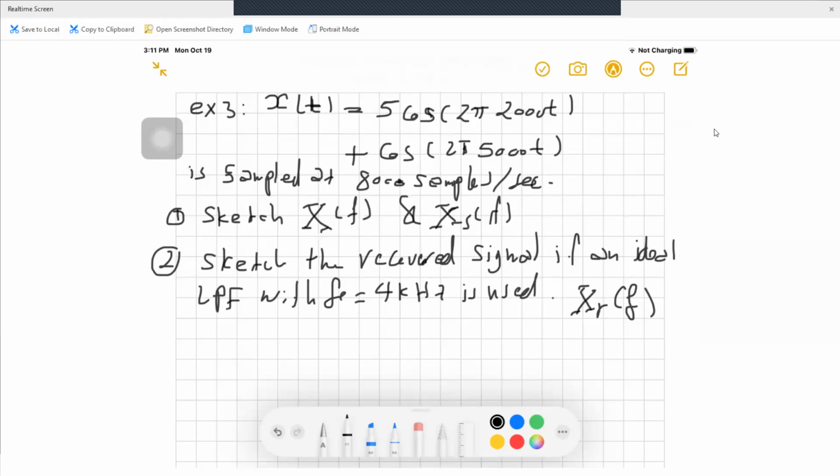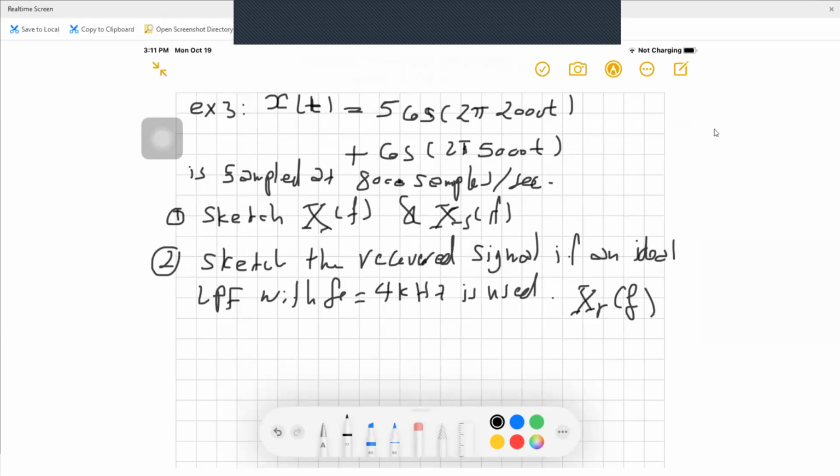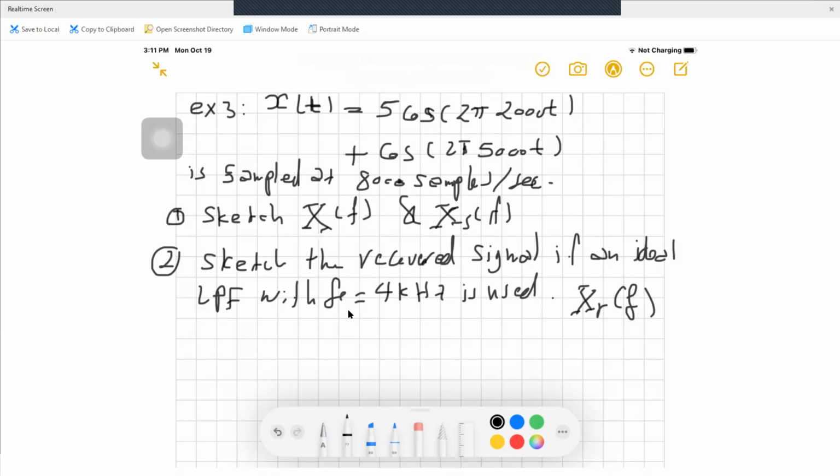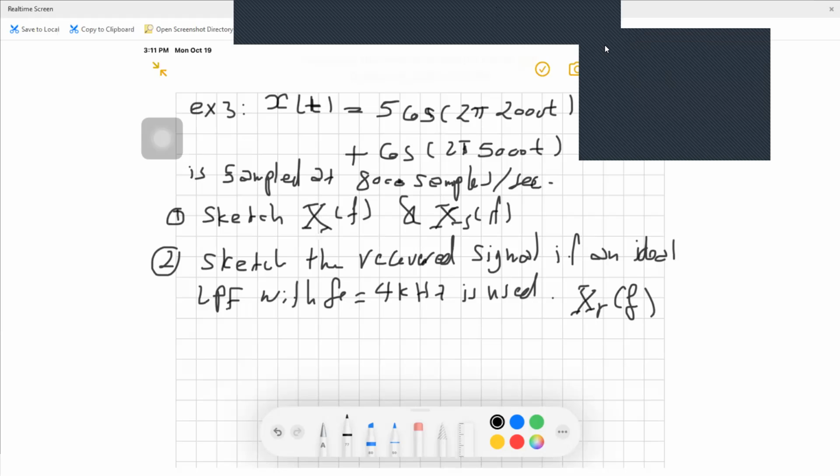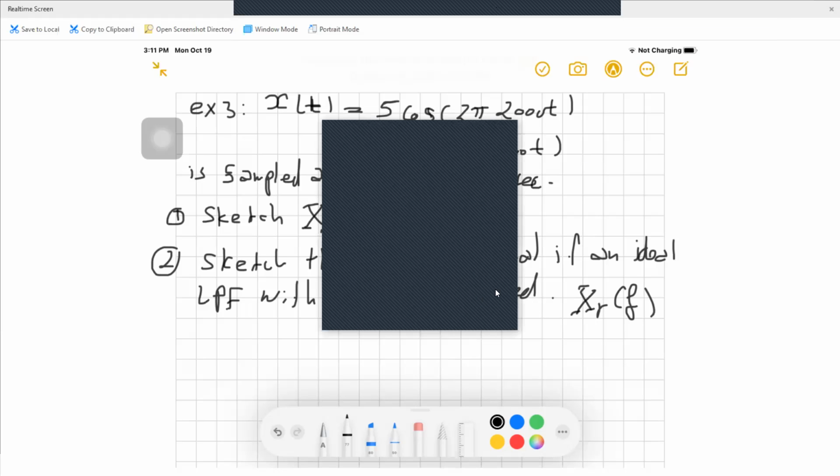Sketch X of F and XS of F, I mean spectrum of the original signal and the spectrum of the sampled signal. Second requirement is what? Sketch the recovered signal if an ideal low-pass filter with cutoff frequency FC equals to 4 kilohertz is used. Okay, this is the requirement of this problem.